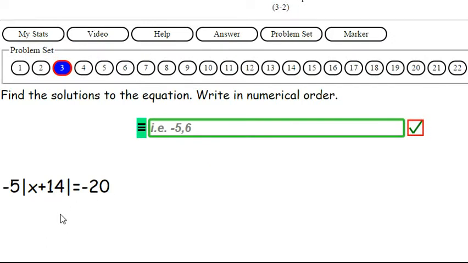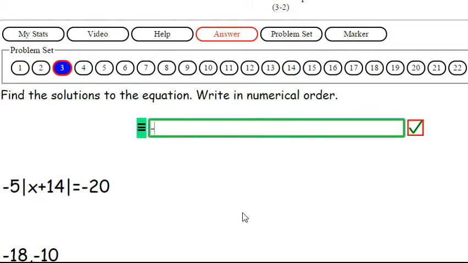Let's go back. Now like I said, you can take the negative 10, plug it in right here. Negative 10 plus 14 is going to be 4, and the absolute value of 4 is 4, and 4 times negative 5 is negative 20. Alright, so anyway, so we have negative 18, negative 10.